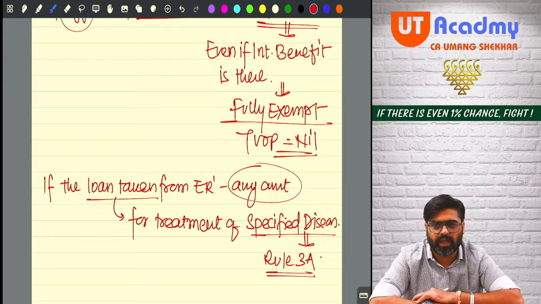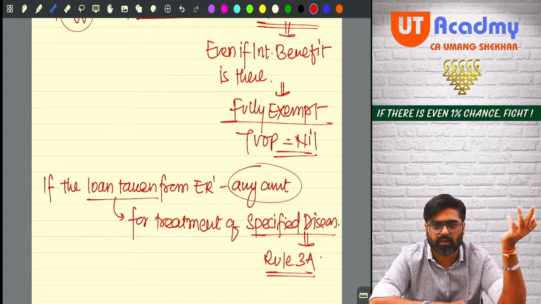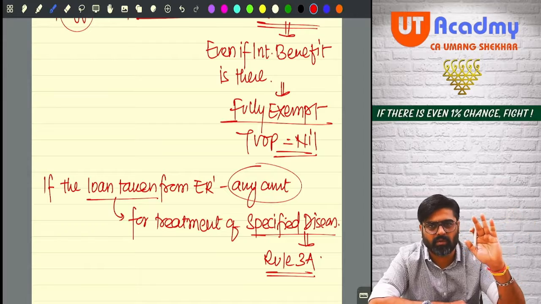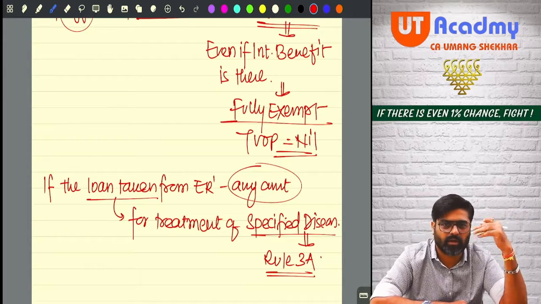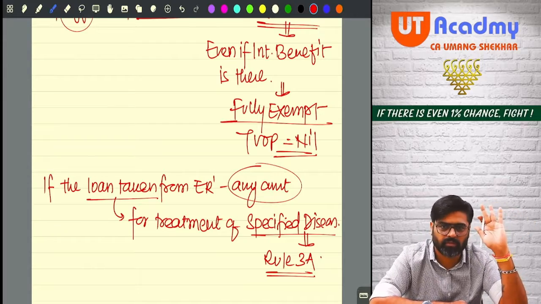Cancer is there, leukemia is there, AIDS is there, then many other diseases are there. I don't remember the names also because there is no need. We don't want to be a doctor. We want to be a chartered accountant. So as a chartered accountant, we are not supposed to remember these names.